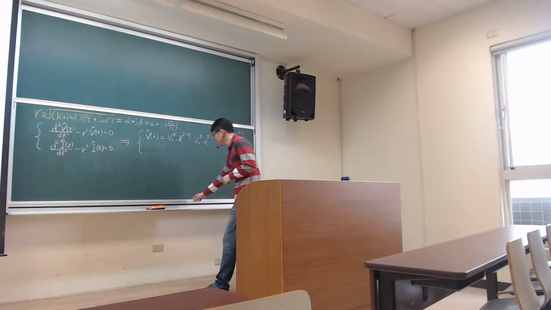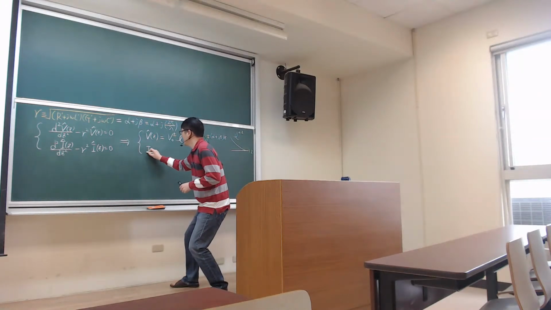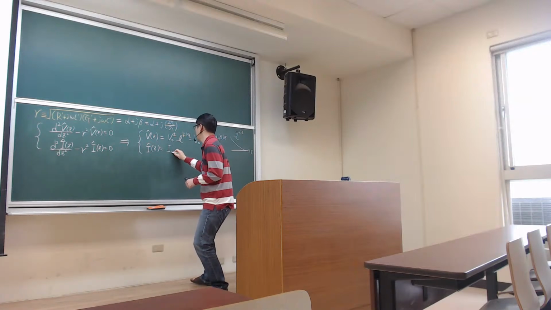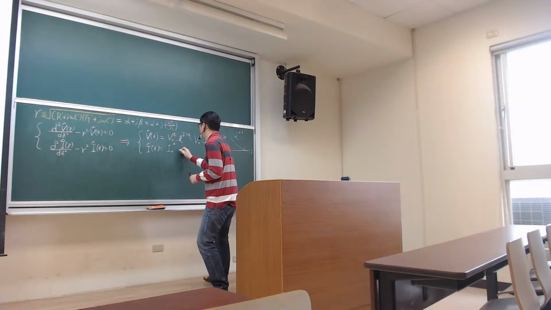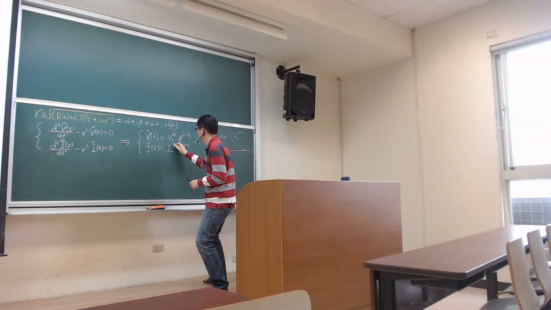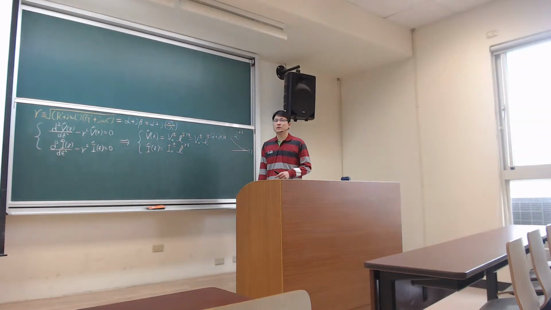All right? Okay, so I of Z is equal to I0. Again, we can have a forward propagating current wave and a backward propagating current wave. So they're both permitted.